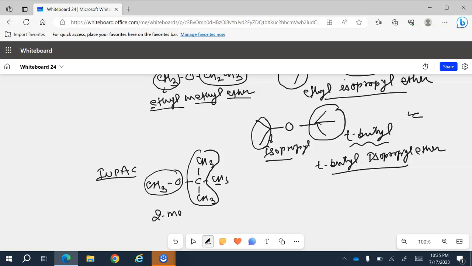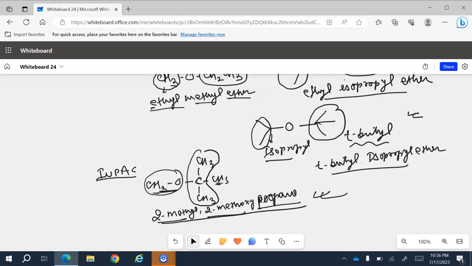Carbon number 2 has a methyl group and carbon number 2 has a methoxy group. 2-methoxy-2-methylpropane is the IUPAC name of this compound. This is how ethers are named in the IUPAC system.